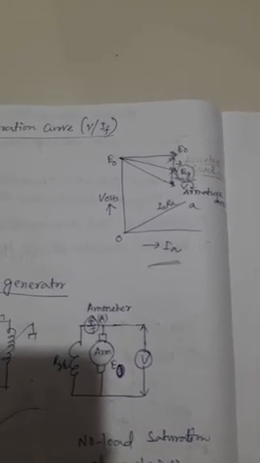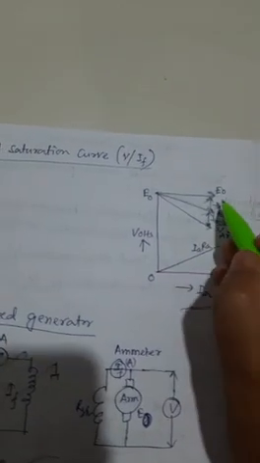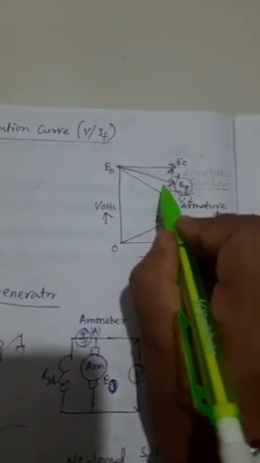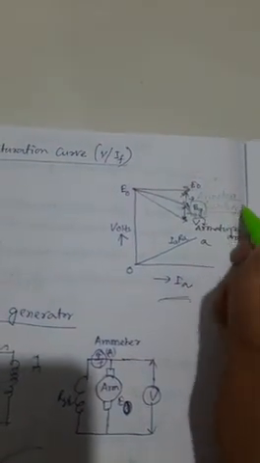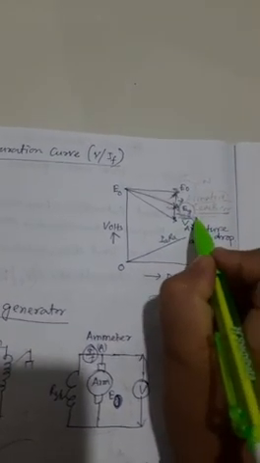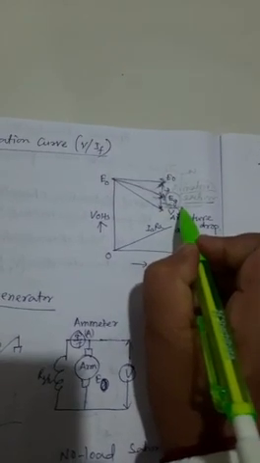This E0 is under no load condition. If we deduct the armature reaction drop, we get the induced EMF in the armature under loaded condition, that is Eg.